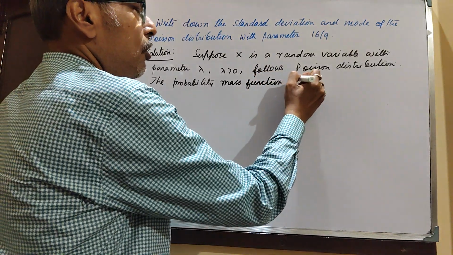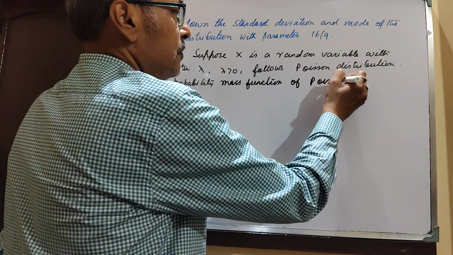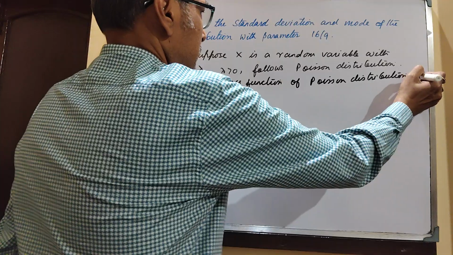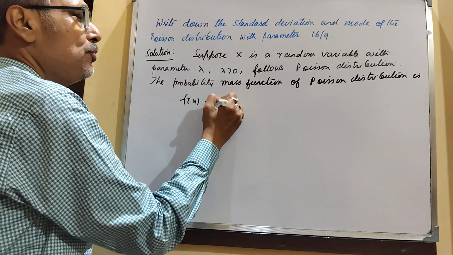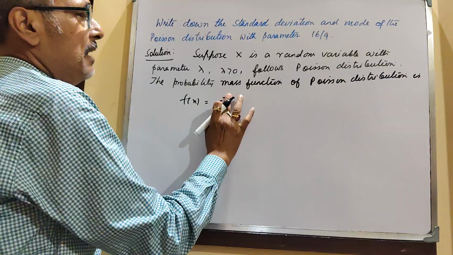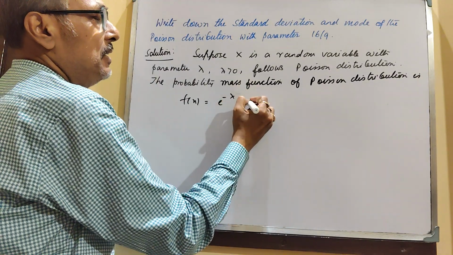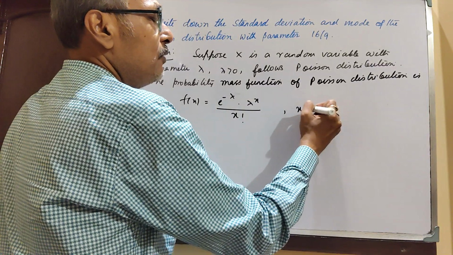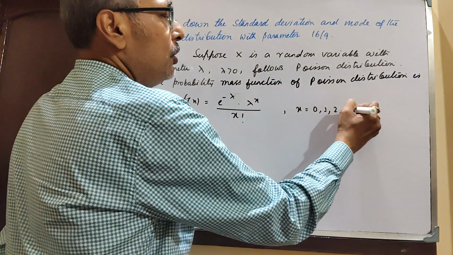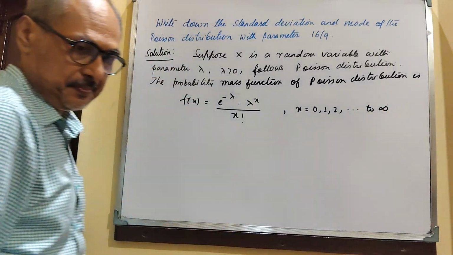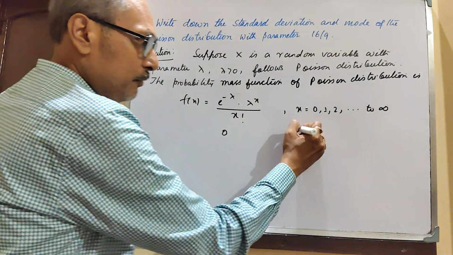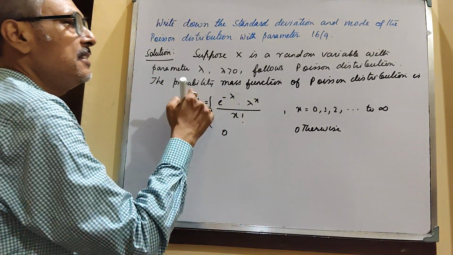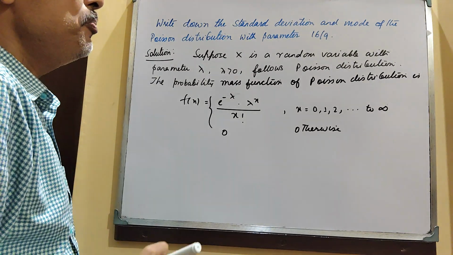The mass function of Poisson distribution is f of x equals e to the power minus lambda, lambda to the power x by factorial x, where x equals 0, 1, 2, to infinity, and 0 otherwise. This is the probability mass function or PMF.